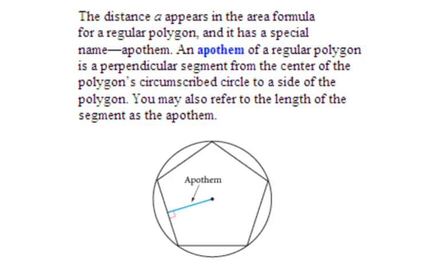A couple additional notes before we move on to the investigation. Be very careful not to confuse the apothem with a radii of the polygon. On the previous slide, they defined the radius of the polygon as going from the center of the polygon to a vertex.